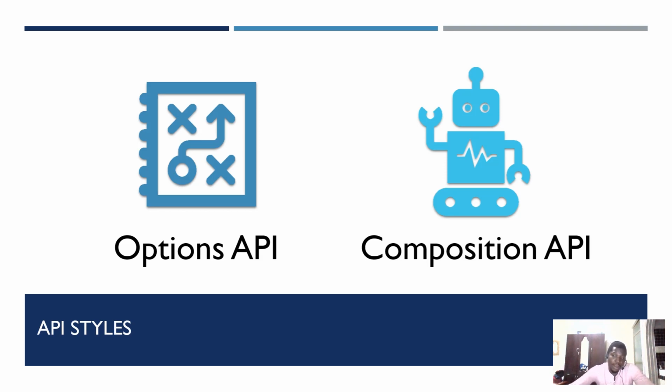Then on the other side, we have the composition API, which is really far different. With the composition API, you declare global variables, and then you later on define logic that operates on those variables. You'll learn in future that the composition API gives you more control, and it is more recommended if you are really going to scale up your application too big, and it's going to be heavily relying on Vue.js.